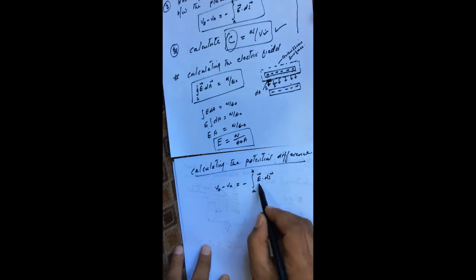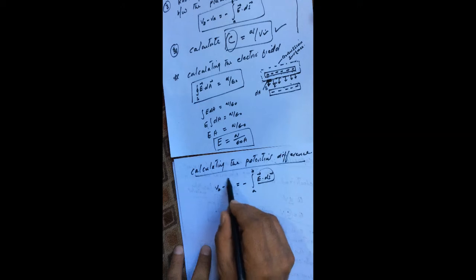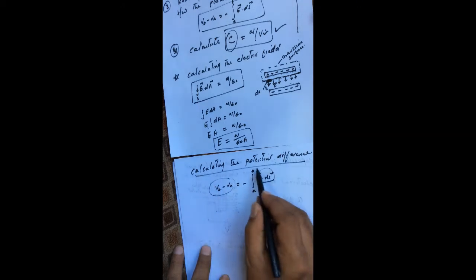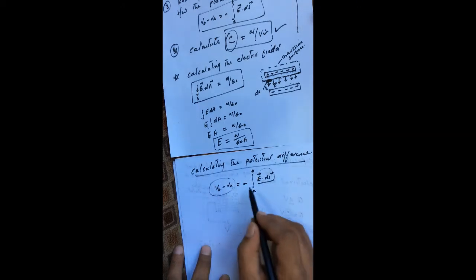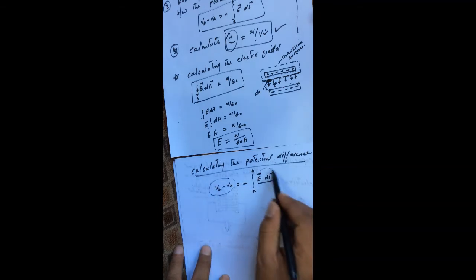If they are both parallel, then the integral will be positive, and with the negative sign this quantity is negative.